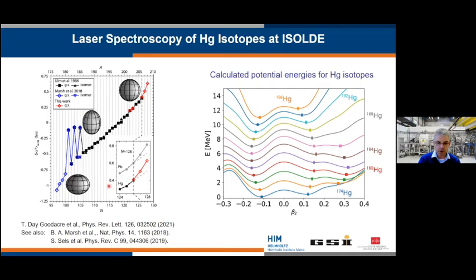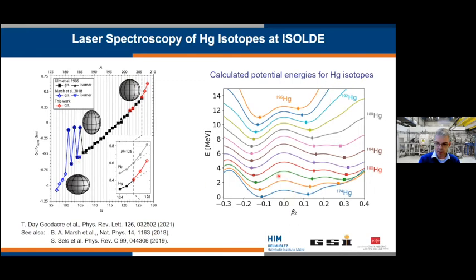Meanwhile, people relatively quickly came to the understanding that this huge odd-even staggering that you see here reflects a change of the nuclear shape. So near this shell closure, you have spherical nuclei, but in this region, in particular around neutron number 104, you have deformed shapes. And this is illustrated here.